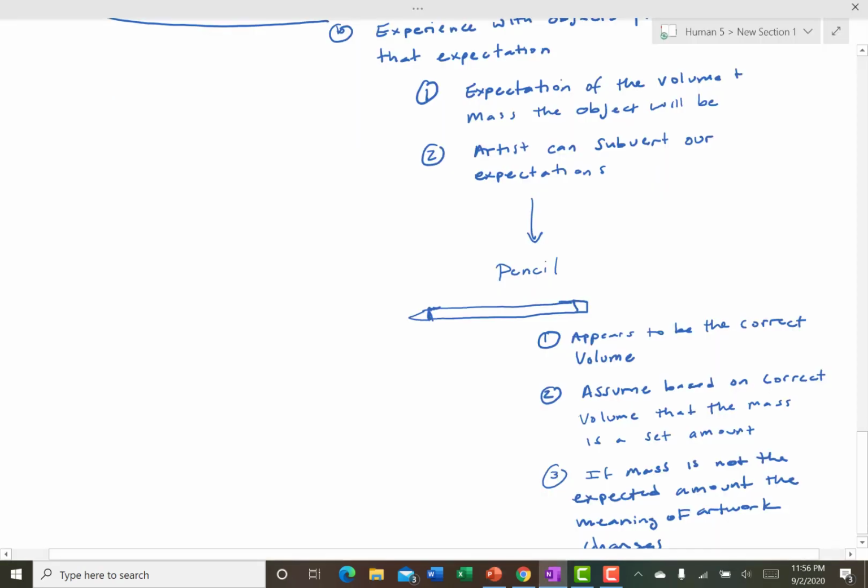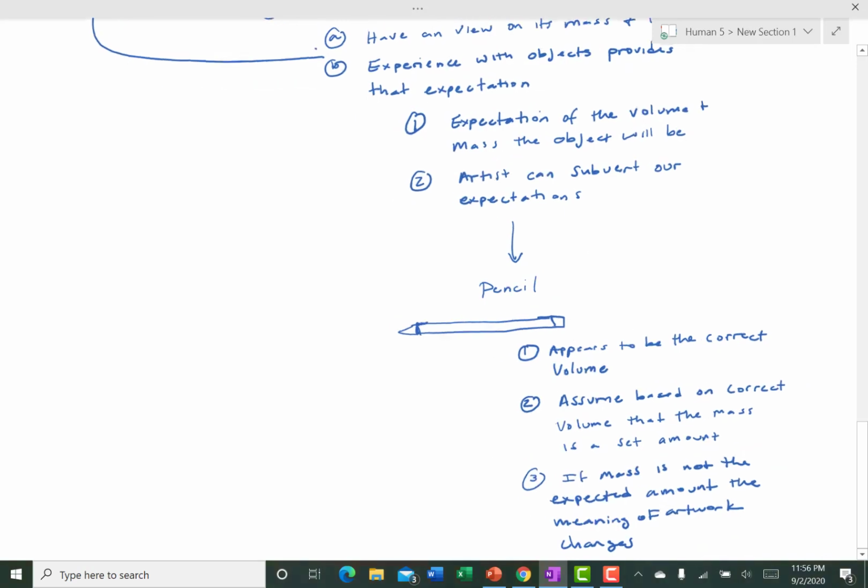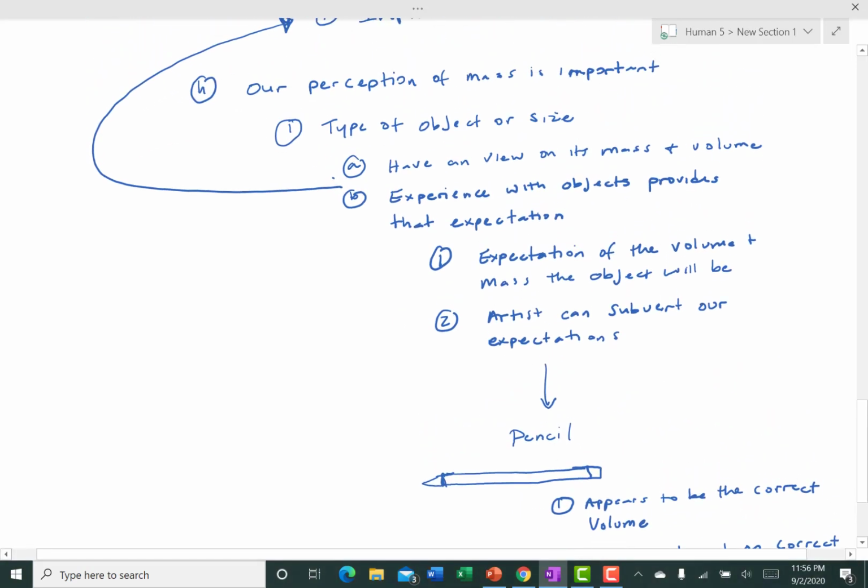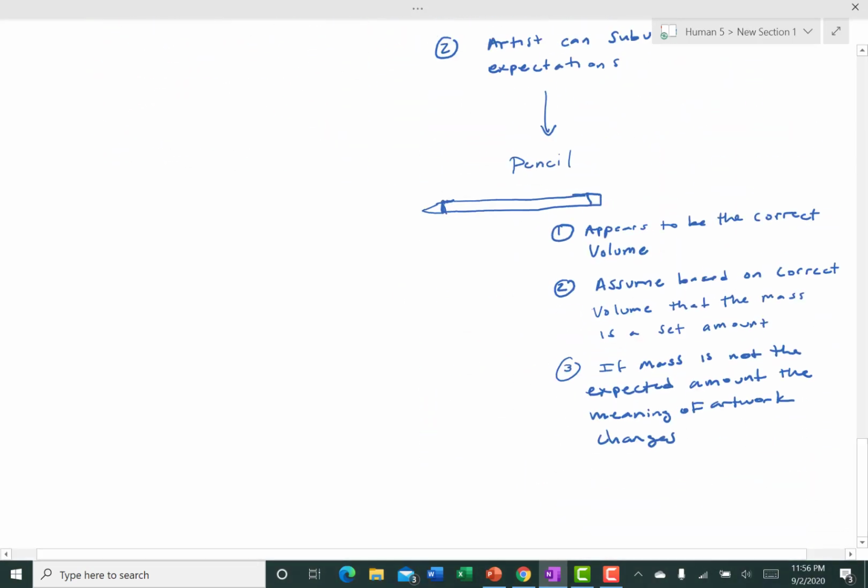One of the other things that you can do with implied mass, we'll put in a C, is that implied mass provides an expectation of material, right?